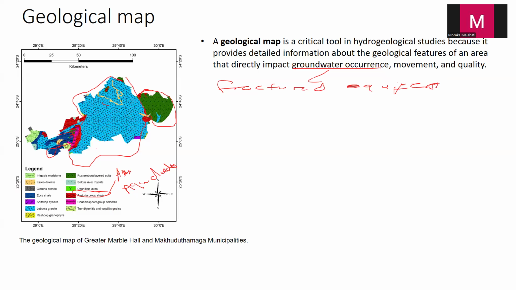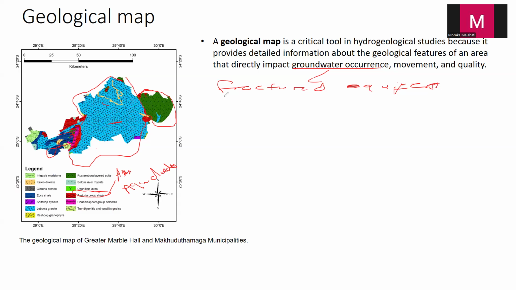These kinds of aquifers are typically found in consolidated rocks, for example the Leboa granite, and you can also find them in rocks such as basalt and many other crystalline rocks. The groundwater is stored and transmitted through the fractures, joints and also faults.